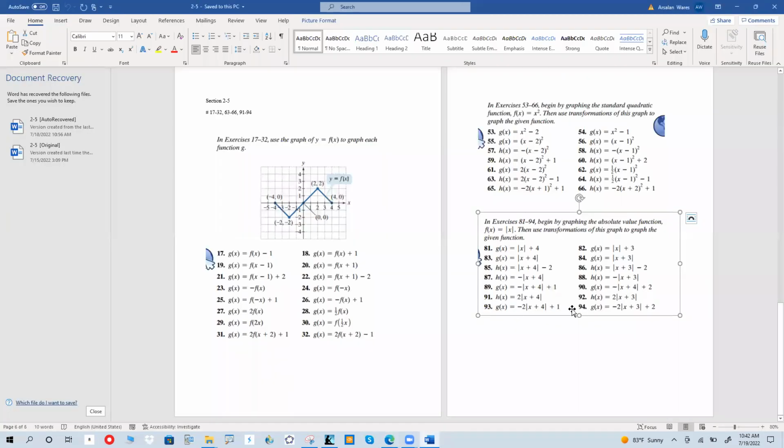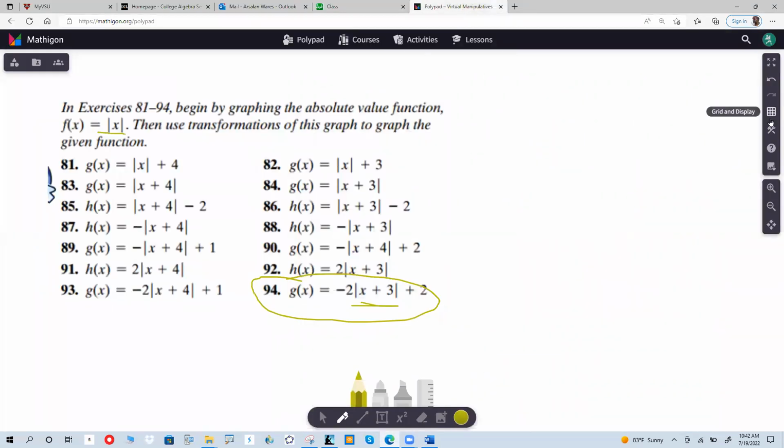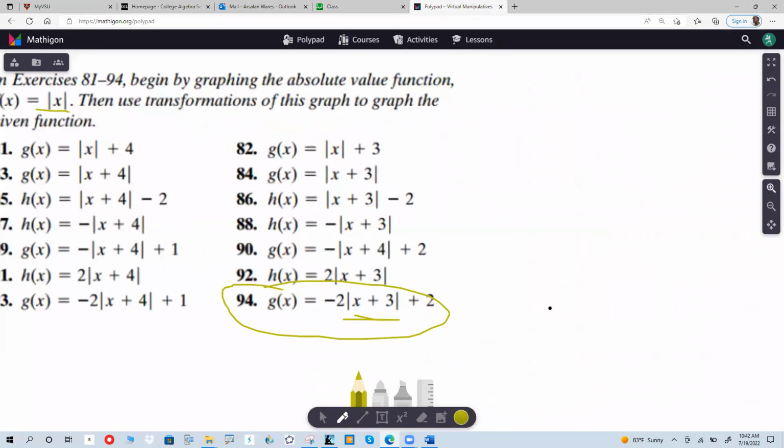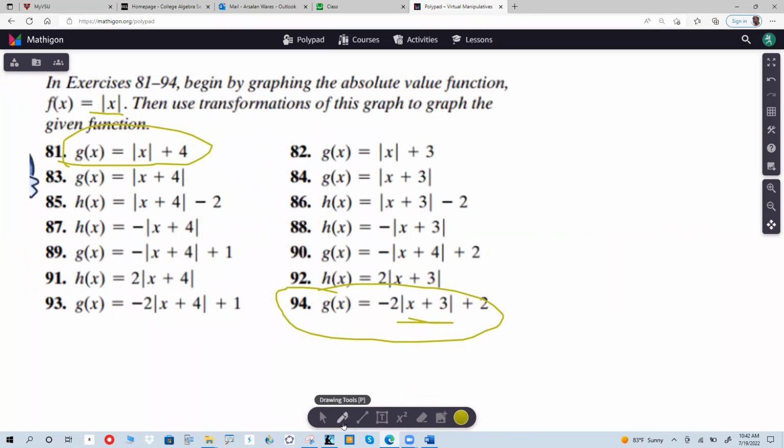For instance, if I ask you to tell me what this would do, if I say this is f of x, this is g of x, you can look at your table and tell me this will be a vertical shift by 4 units. Or you can graph it and look at your picture and describe it in English, which will be the same.